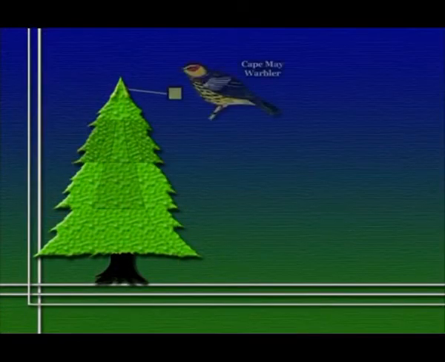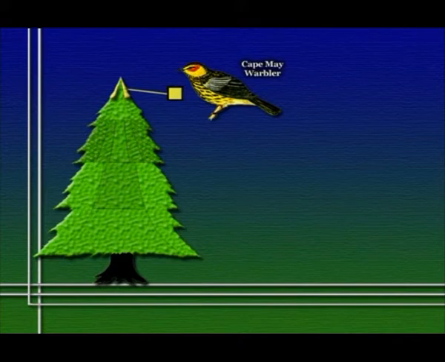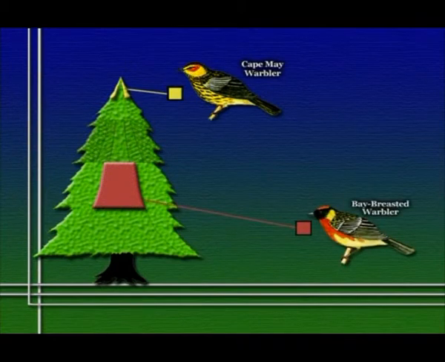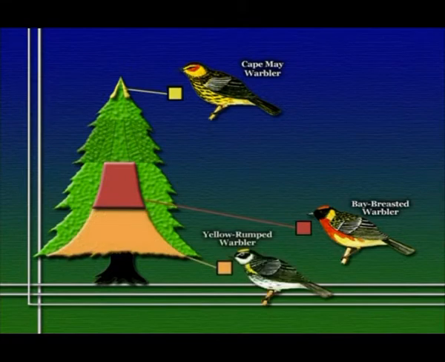For example, the Cape May warbler usually spends its time near the very top of the tree, out in the outside branches where there's a lot of very young green needle growth. By contrast, the bay-breasted warbler usually is found in the middle of the tree nearer the interior where branches are more open. Yellow-rumped warblers are usually found much lower down, sometimes moving up in the center, but largely staying near the base of these conifer trees.